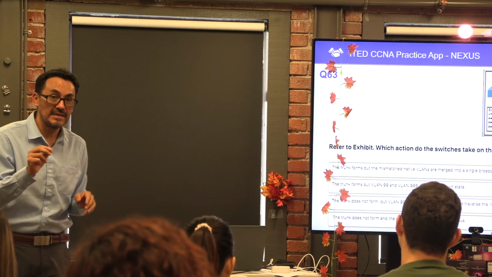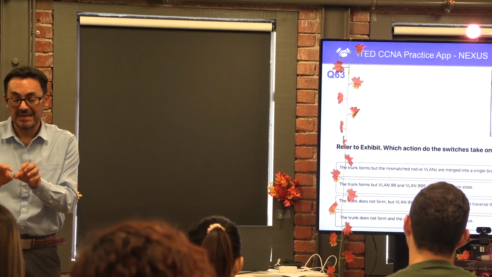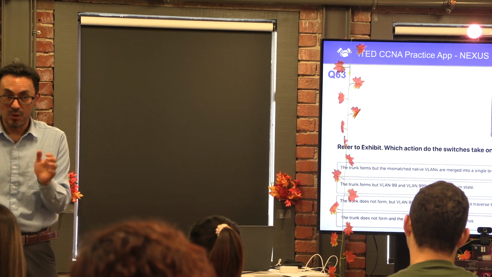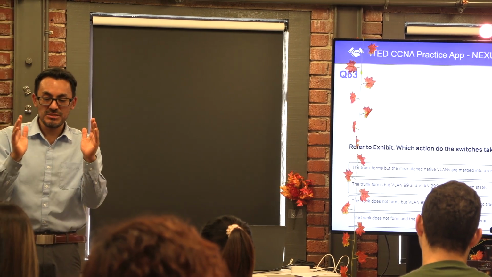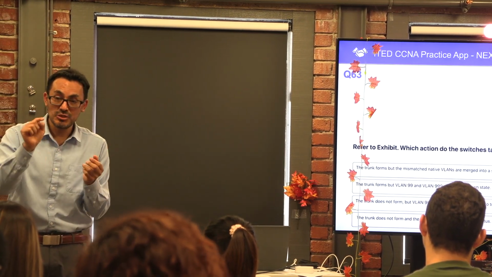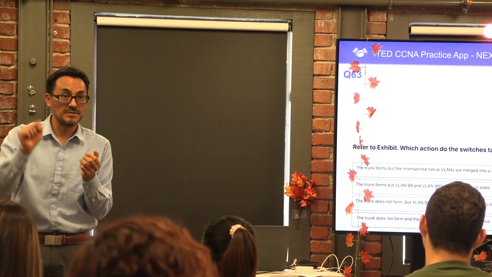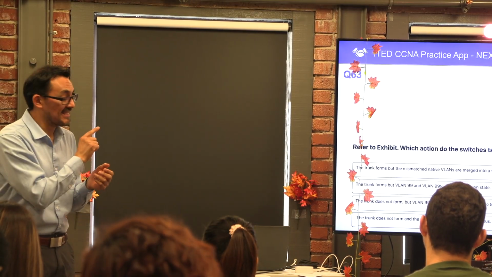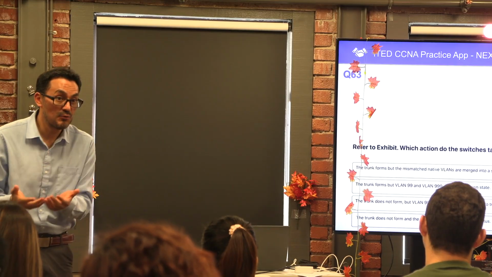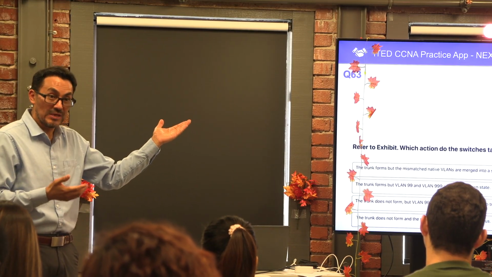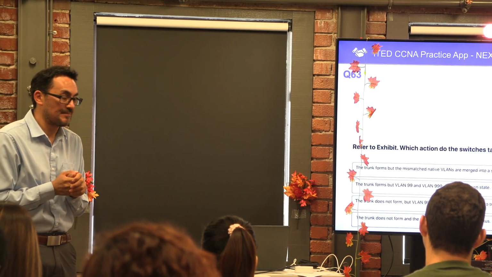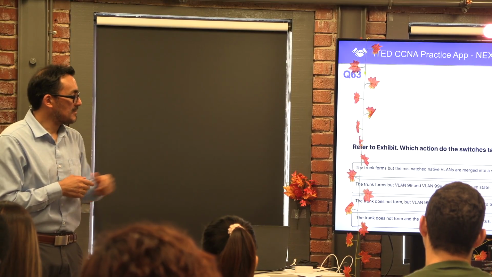It's not related to applying live configurations. You only have images or text, and you just need to select multiple choice answers. But you can see that even though you don't have to apply configuration, you need to know those commands and configurations.